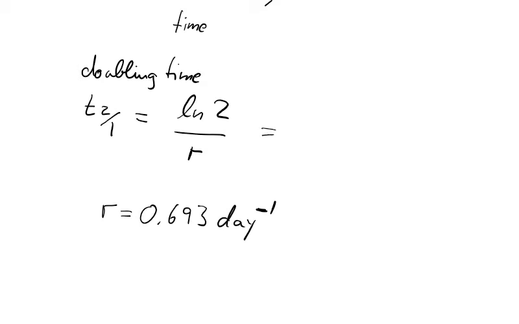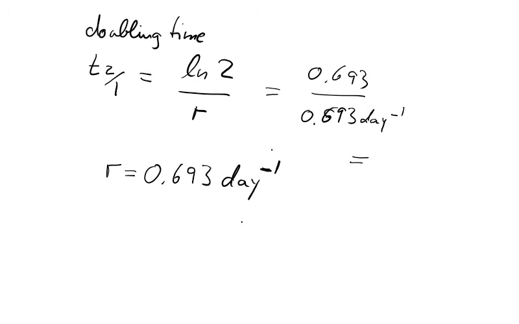Why? Because we have 0.693 divided by 0.693 day to the minus 1. And that, of course, equals 1 day. So here the doubling time would be 1 day. Some bacteria do that. Compared to rabbits, they are fairly quick with the doubling.